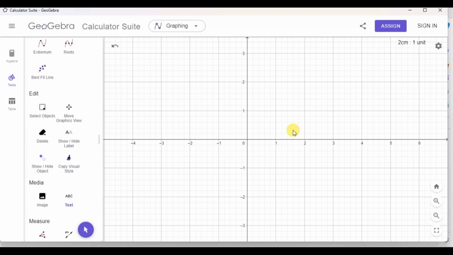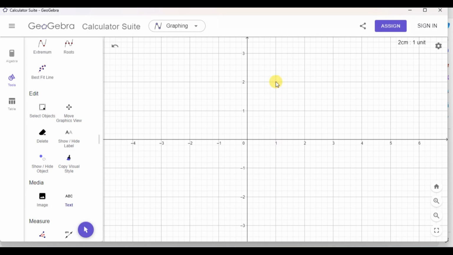Now let's plot a point. We want to draw a triangle ABC with different points. So we can say the first point, let's pick 1, 2. 1 is the x coordinate and 2 is the y coordinate. Always know that the first value is the x and the second value is the y. 1, 2.